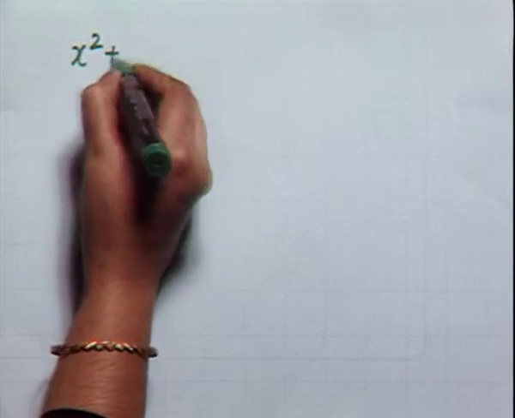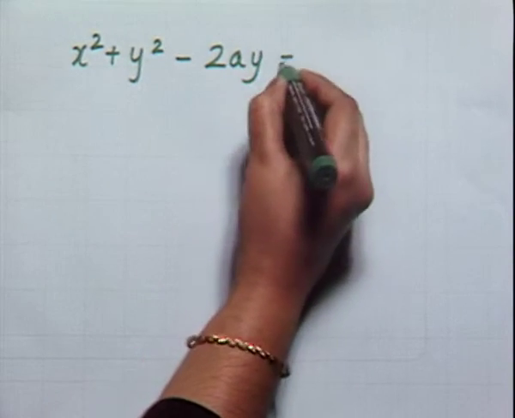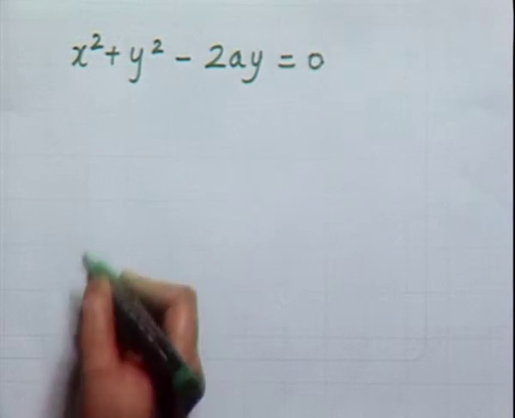And so we have the equation for which we have to form the corresponding differential equation. Now to do that, again you have only one arbitrary constant, so we will differentiate x square plus y square minus 2ay equal to 0.